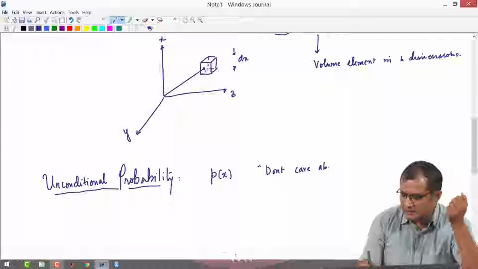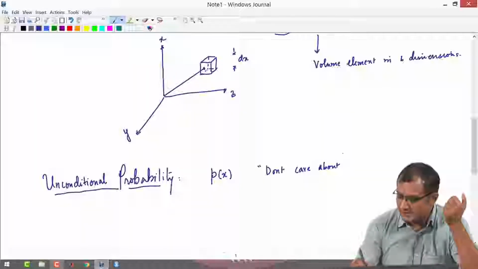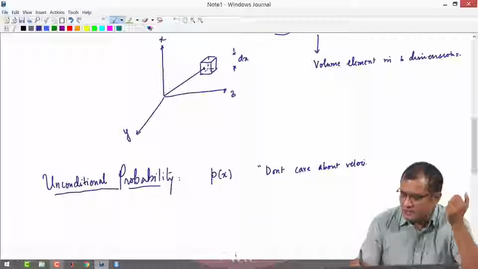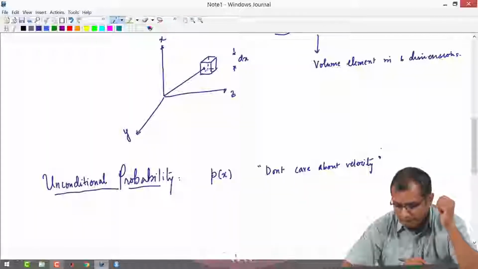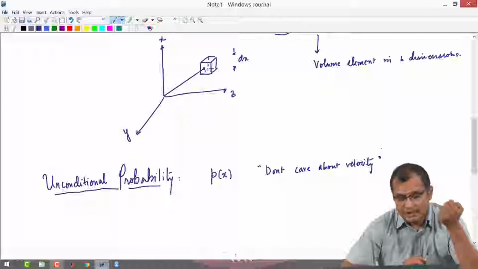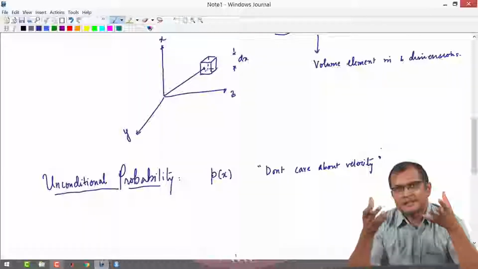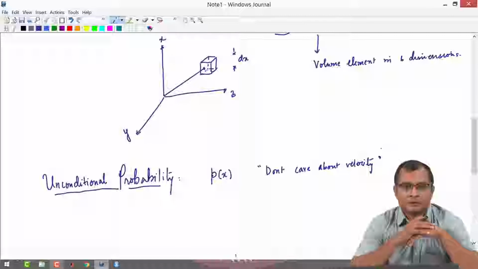You say that I don't care what the velocity is, all I want to know is what is the probability of finding a particle at location x. Now what that means is that you're asking an unconditional probability estimate.